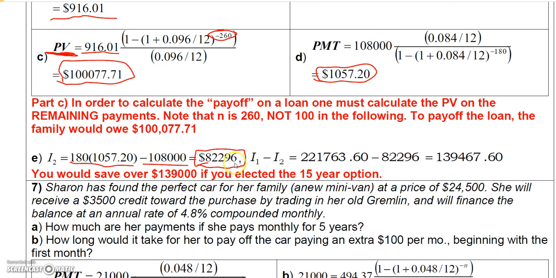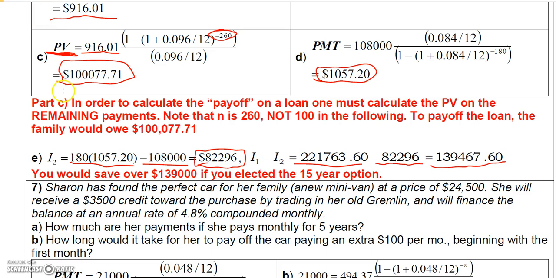So look at how much you would save in interest if you chose to finance it over 15 years at 8.4% rather than 30 years at 9.6%. This is the interest you would be paying over 30 years. This is the interest you'd pay over the 15-year note. So you'd save over $139,000 in interest.